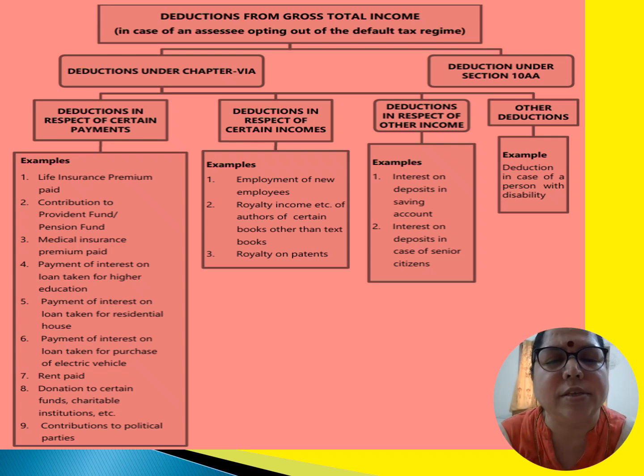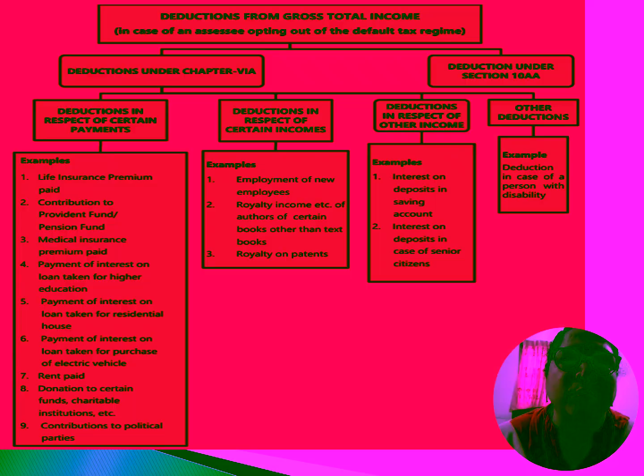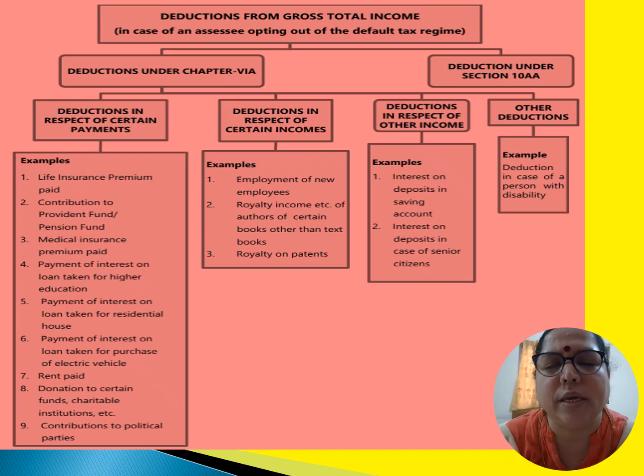Then the next type is deductions in respect of certain incomes. The examples over here may be employment of new employee, then royalty income of authors of certain books other than textbooks, then royalty on patents. All these can be included under deductions in respect of certain incomes under chapter 6A.